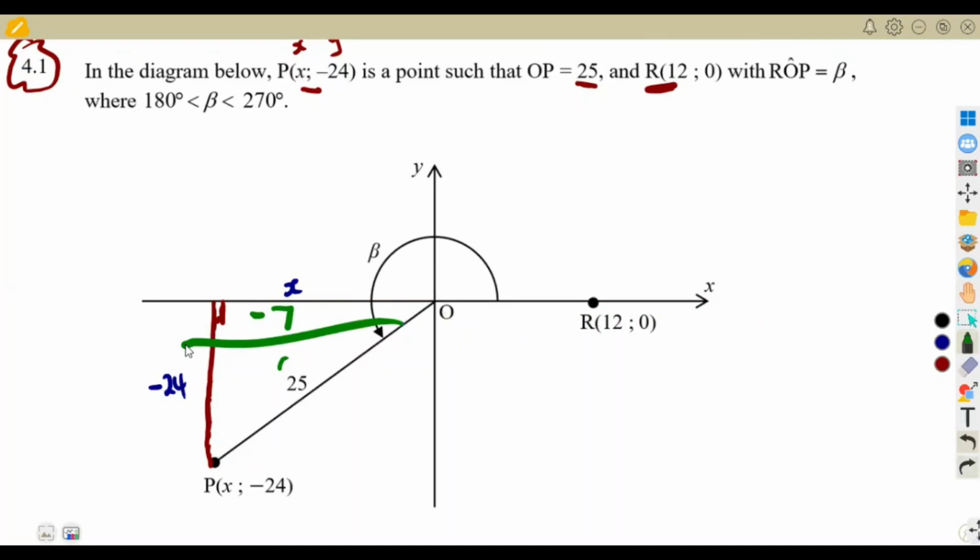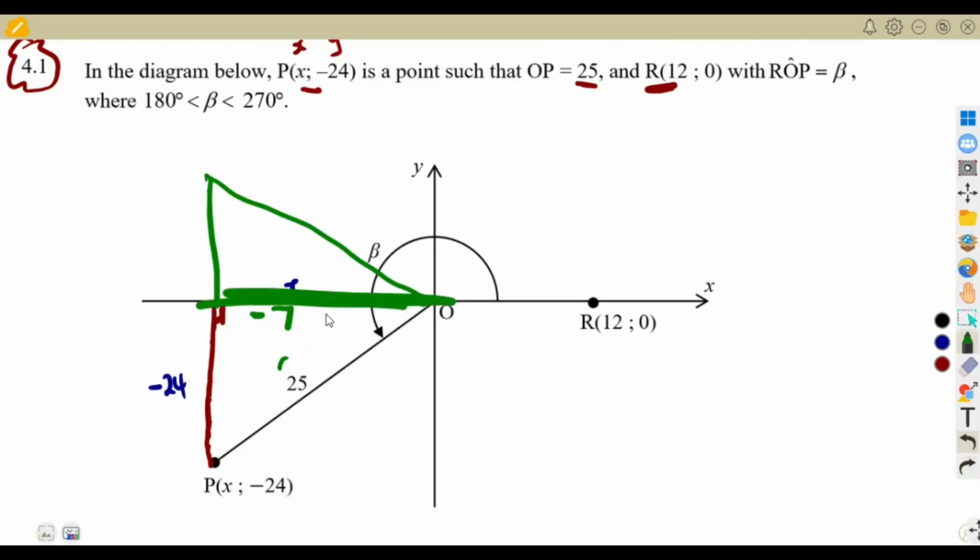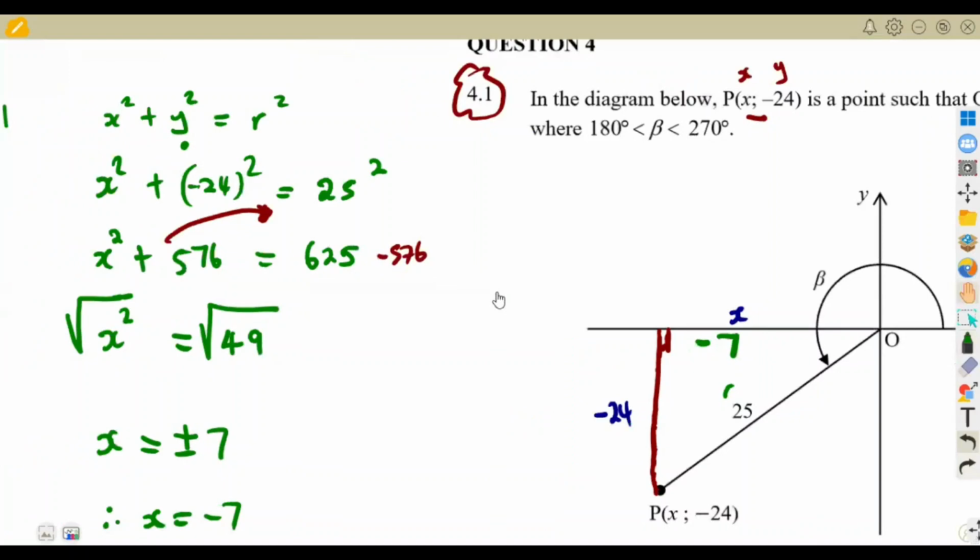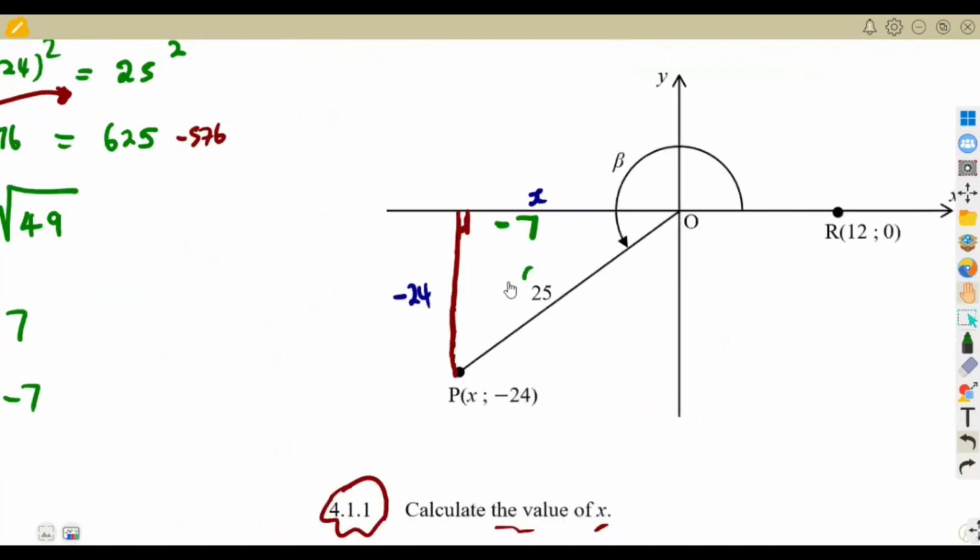But on this side, our x values are negative. Even if the diagram was on top like this, x is still on the what? On the negative. It is only y this time that can be a positive, because as you consider on this diagram, y is above the x-axis, so it's going to be a positive, but x will remain as a negative. So that is the value of x, which is what? A negative 7. So that's how we could have calculated this.